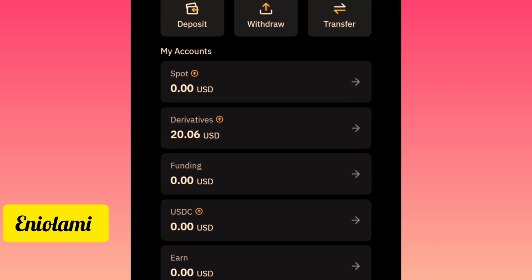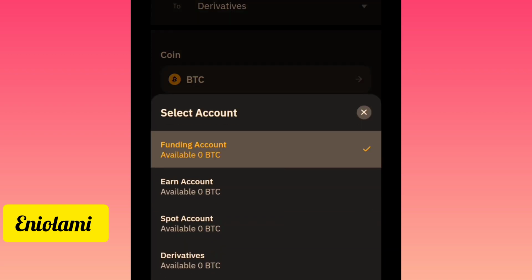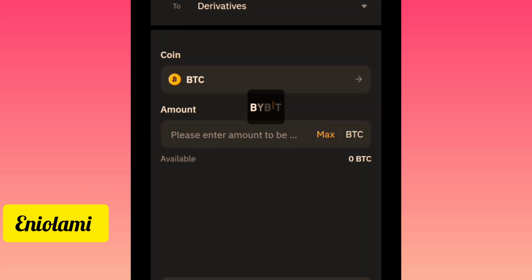So you click on transfer, and you are going to select where to transfer to. You can see from funding account to derivative, but your funds when you just register should be in your spot wallet. So you click on spot, you select spot, then to derivative, then you click on this coin.